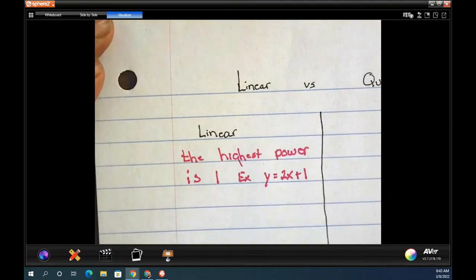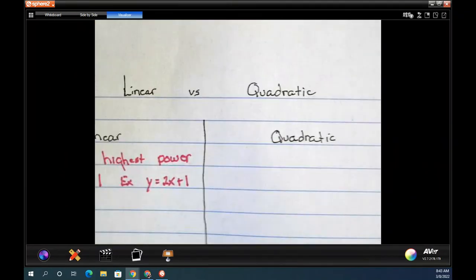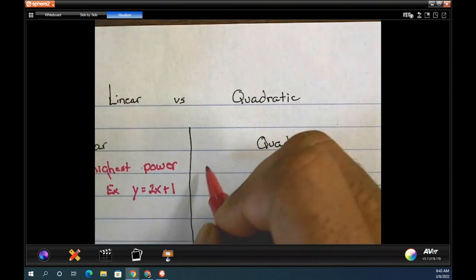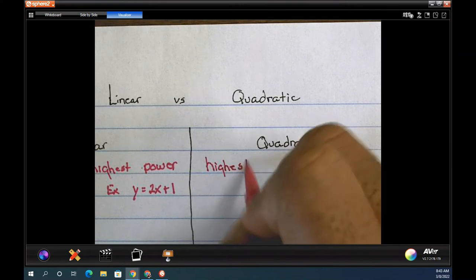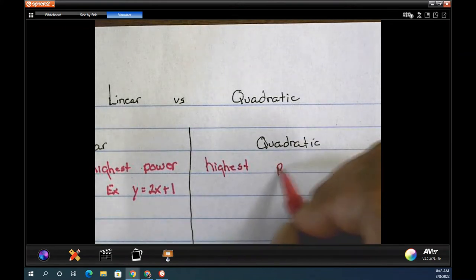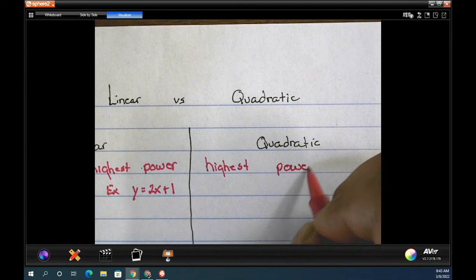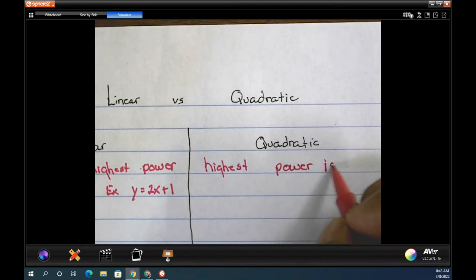Now, how do we know it's quadratic? The highest power is 2.